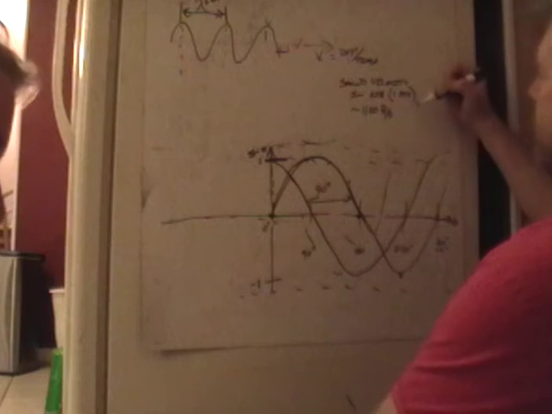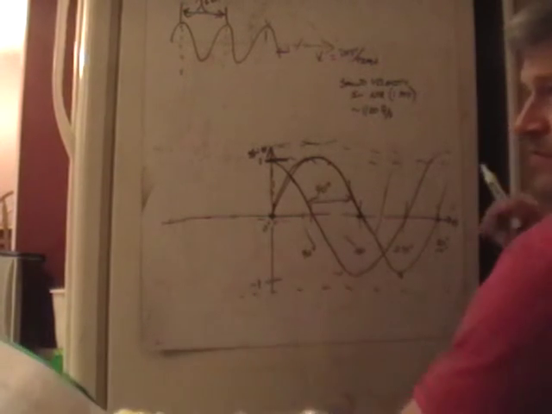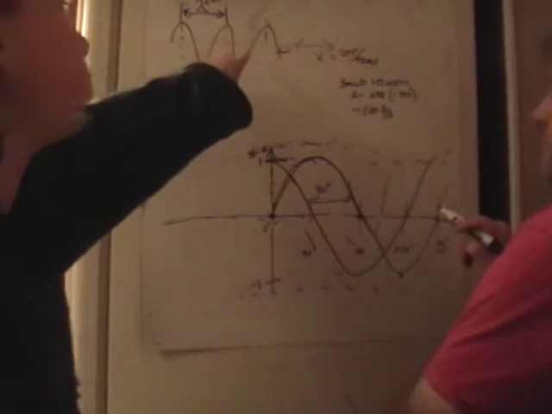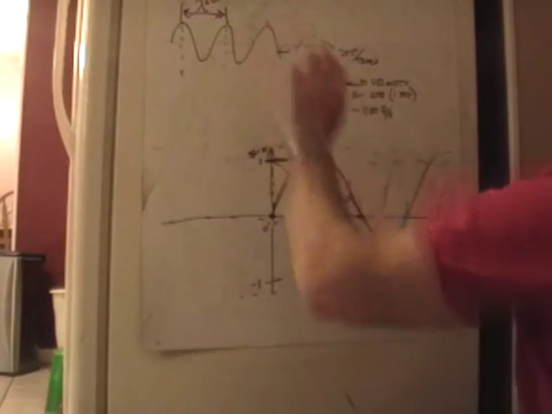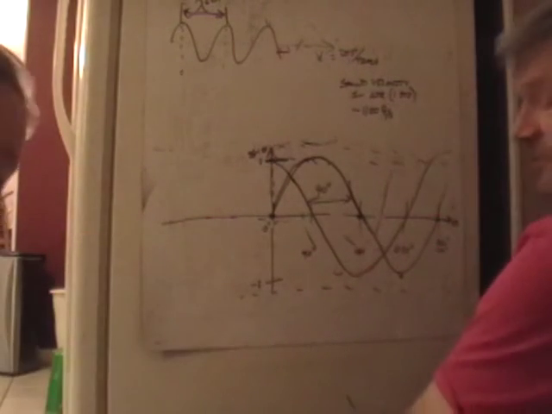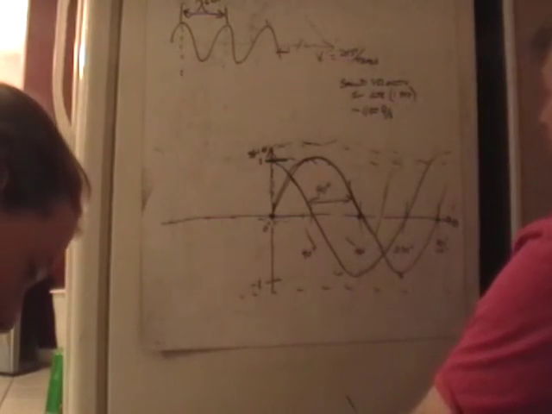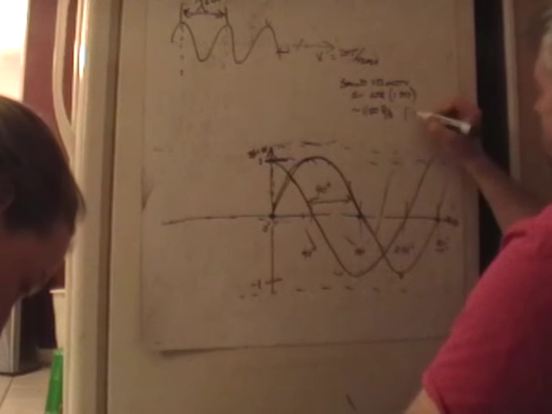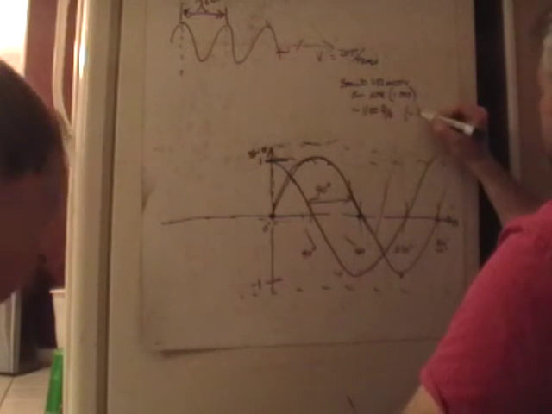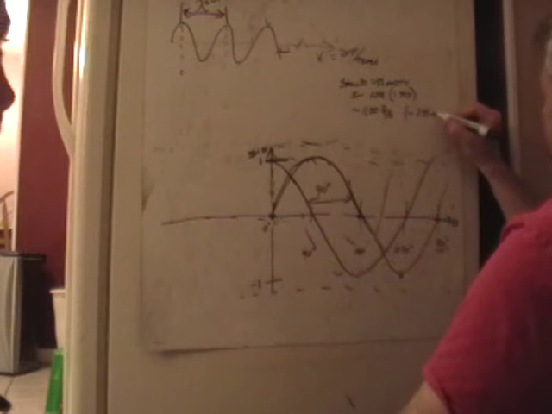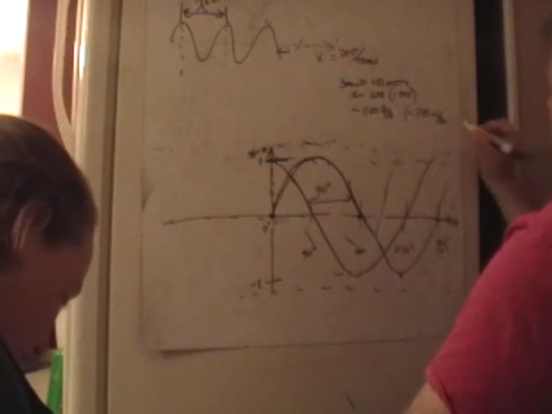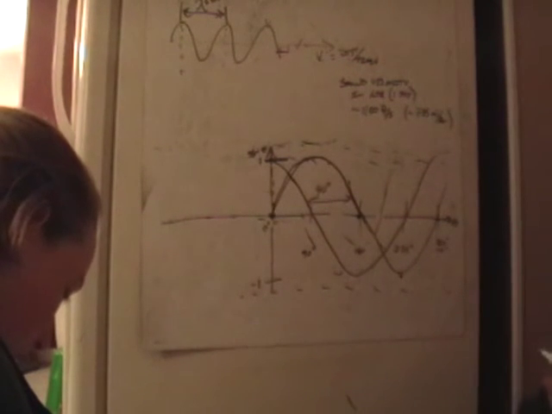So I know that sound velocity in air at standard temperature and pressure is about 1,100 feet per second. That's also, if you care, about 735 miles per hour. That's fast.